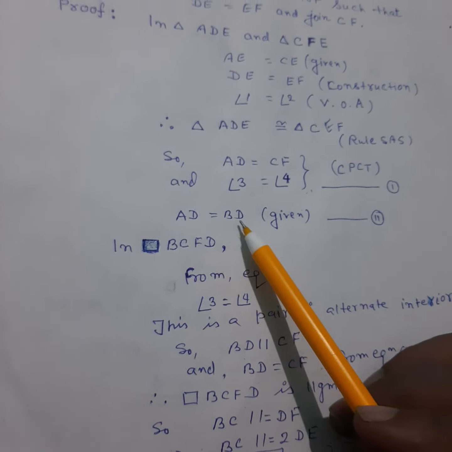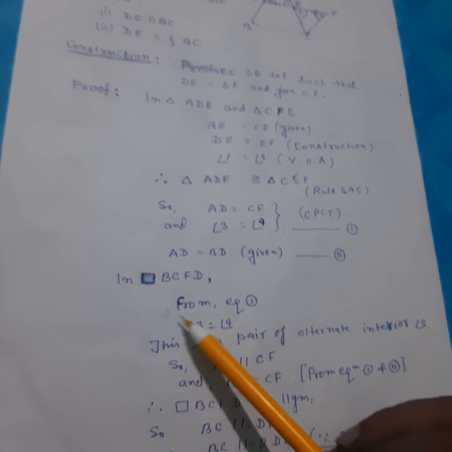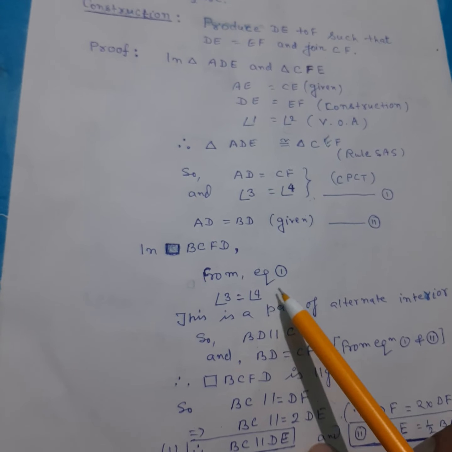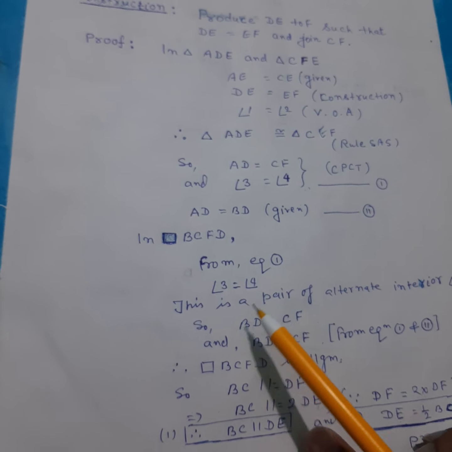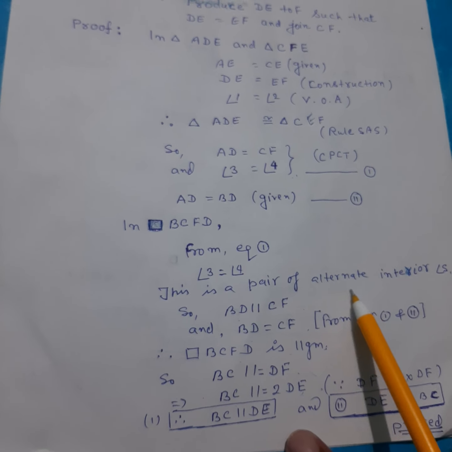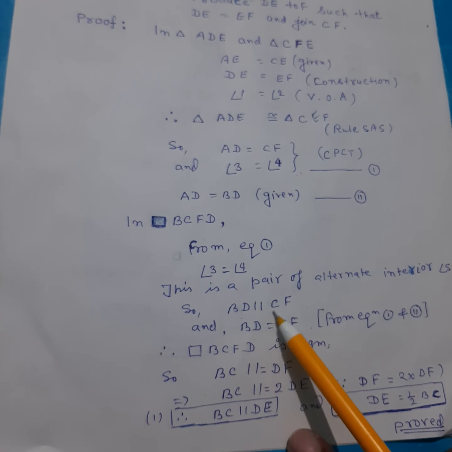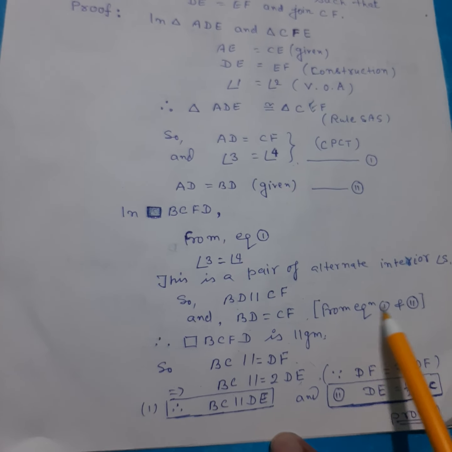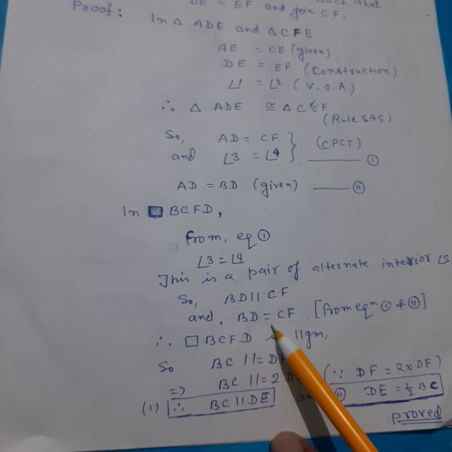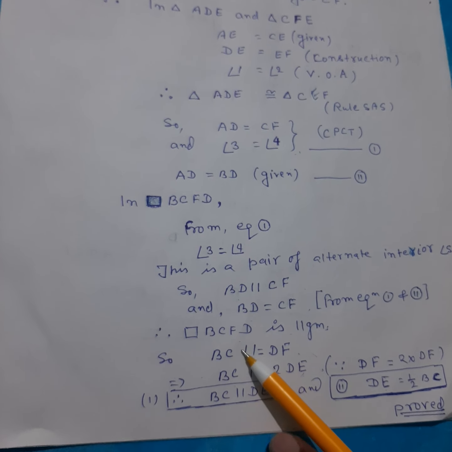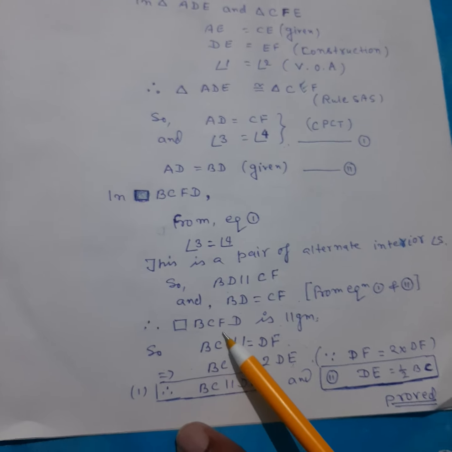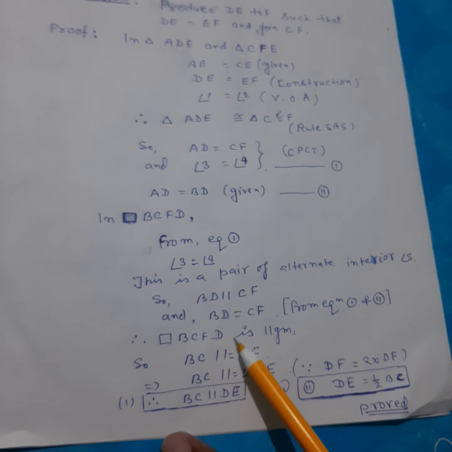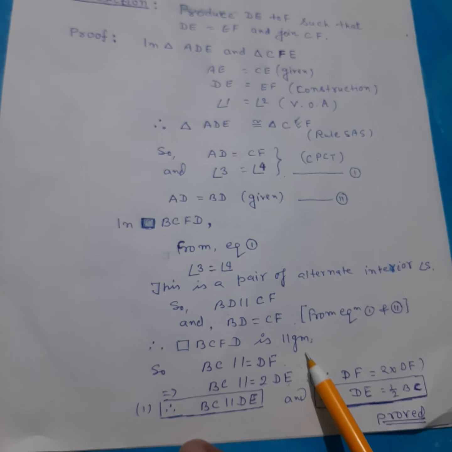Given here AD equals BD, this is equation 2. Now in quadrilateral BCFD, from equation 1, angle 3 equals angle 4, this is a pair of alternate interior angles, so BD is parallel to CF, and BD equals CF from equations 1 and 2, because BD equals AD and AD equals CF. Therefore, in quadrilateral BCFD, we observe one pair of opposite sides equal and parallel, so it is a parallelogram.